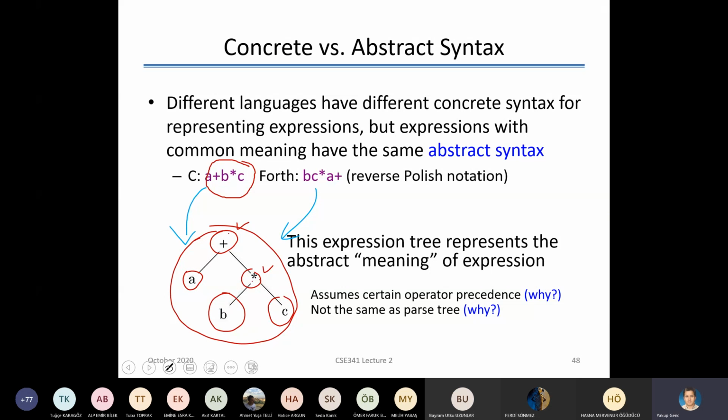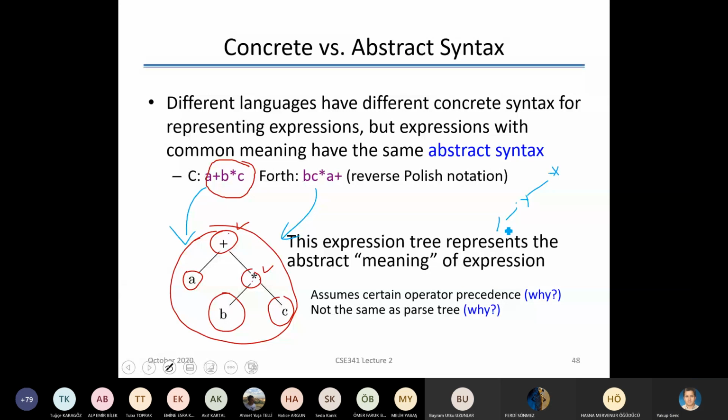And the answer is, it's not clear how you would get to this one. It may be possible that you would do A plus B first and then do a multiplication, meaning that my expression tree could have been something like this, right? This is a plus sign, this is A and B here, and this is C. So this is an alternative tree.